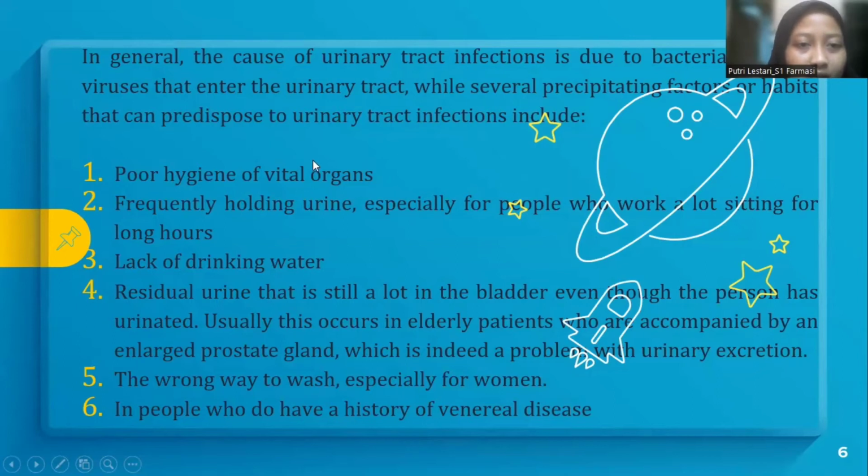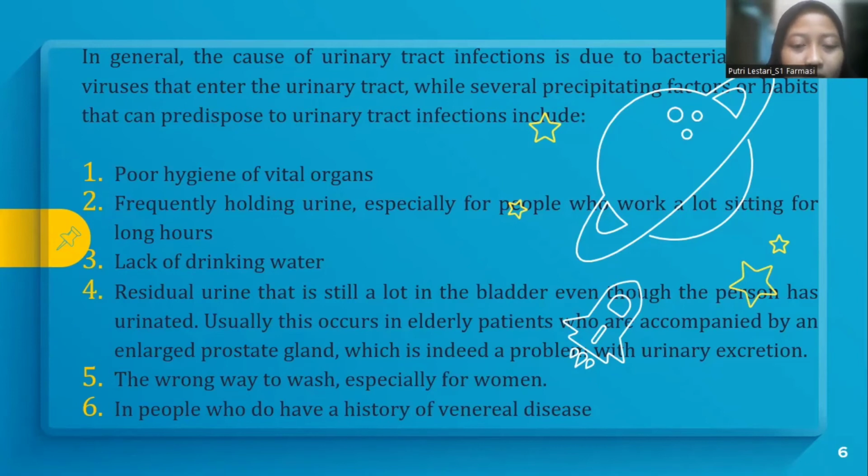1. Poor hygiene of vital organs. 2. Frequently holding urine, especially for people who work sitting for long hours. 3. Lack of drinking water. 4. Residual urine that is still a lot in the bladder even though the person has urinated.